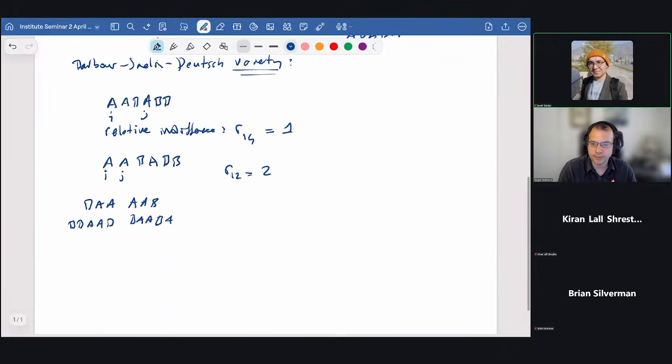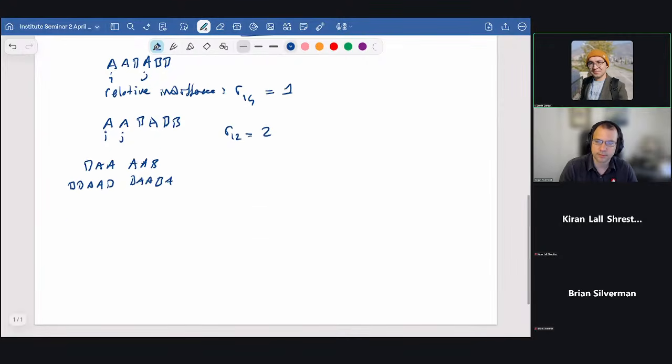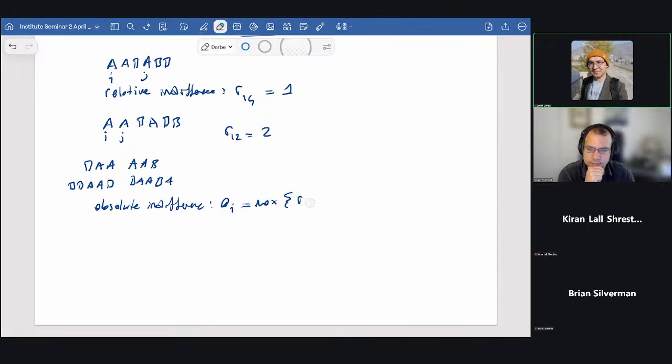All right. We talked about the relative indifference. Then comes the definition of absolute indifference. It is defined for a single position in the string, or let's say for a single character, and it is the maximum of the relative indifference values where J runs over all the characters except the ith one.